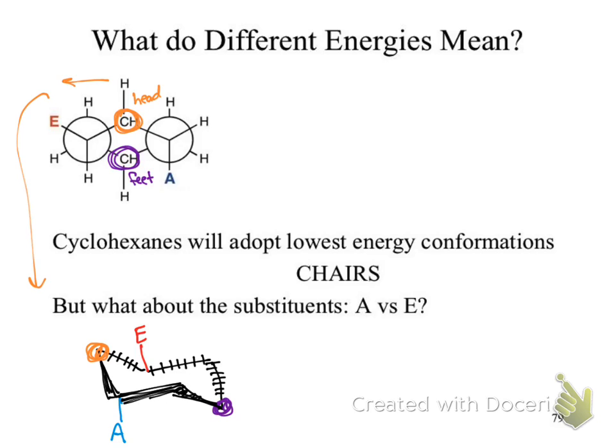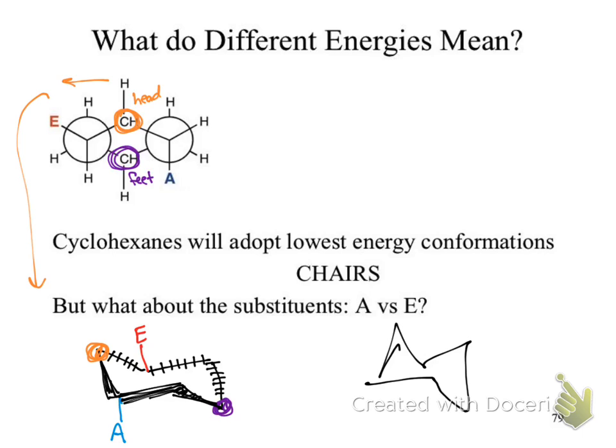If you had those weird, goofy kind of bow tie structures for your chairs, that becomes very difficult to interpret where those wedges and dashes and everything is aligned, which makes it difficult to interpret a drawing like that. So the better we can draw our chairs, the better we can come to those interpretations with where the atoms are located.